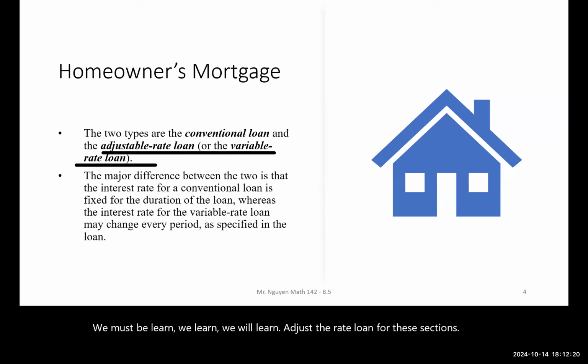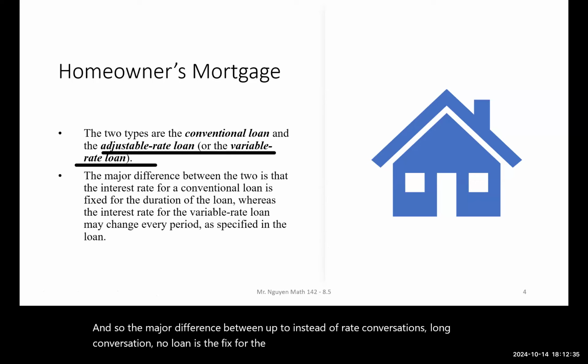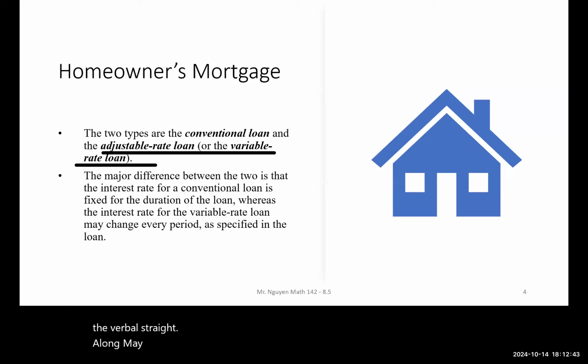The major difference is that the conversation loan is fixed for the duration of the loan, whereas the interest rate for the variable rate loan may change every period as specified in the loan.